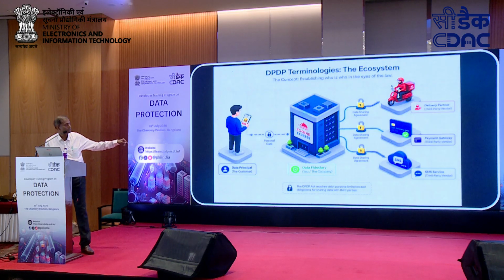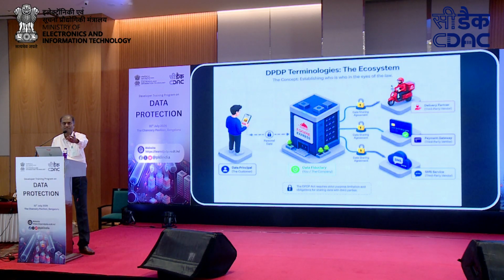Let us assume that the delivery partner is the same for both S and Z. Then we have to find out through which of the entities the leak happened. That particular data fiduciary will be held responsible for that act.